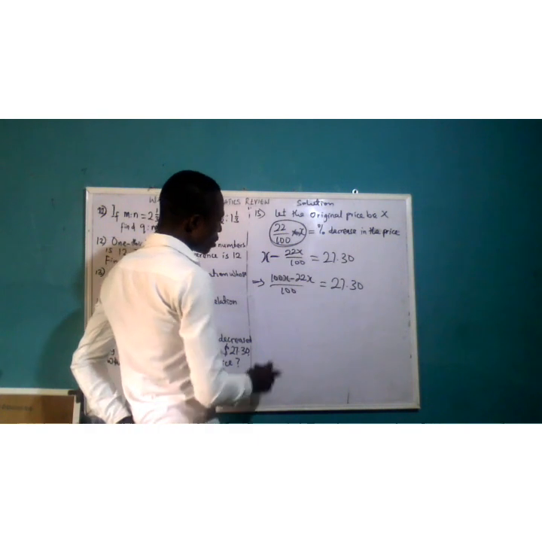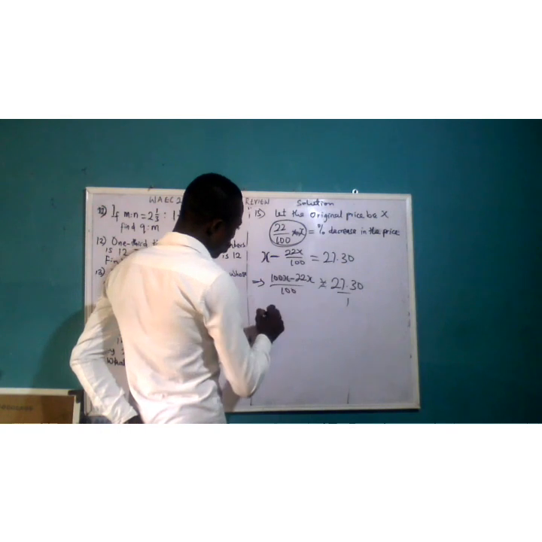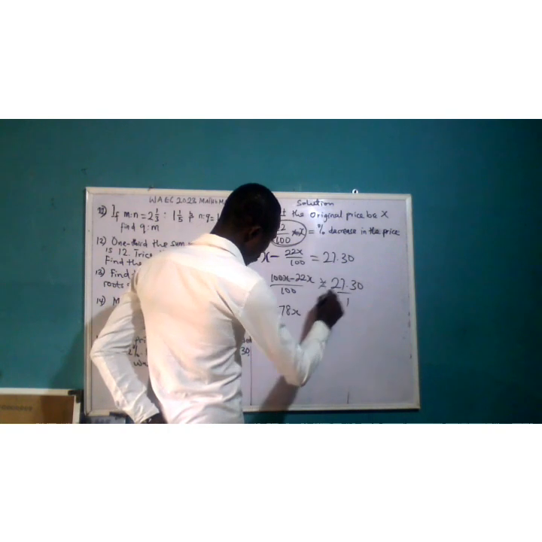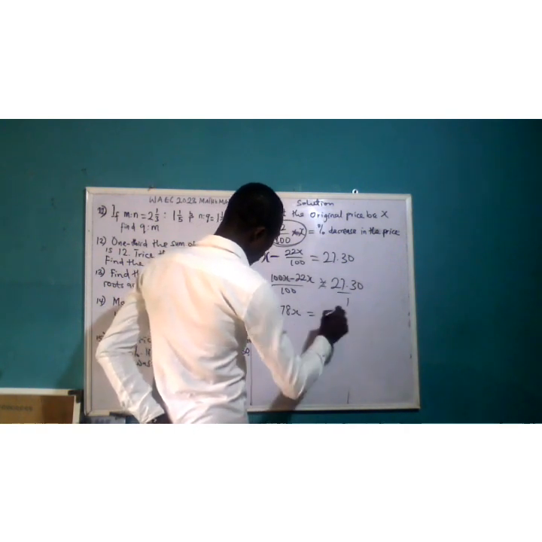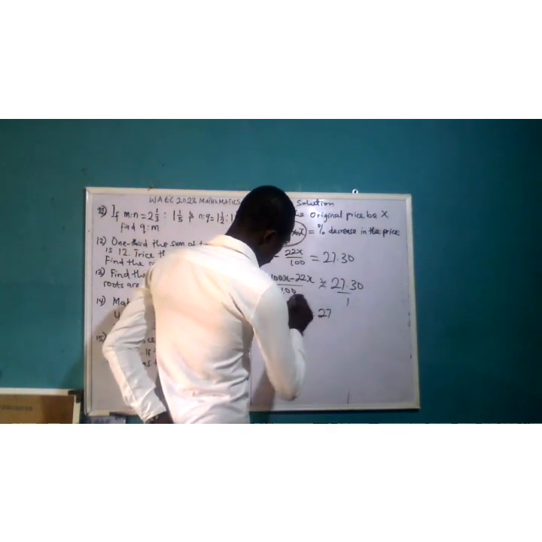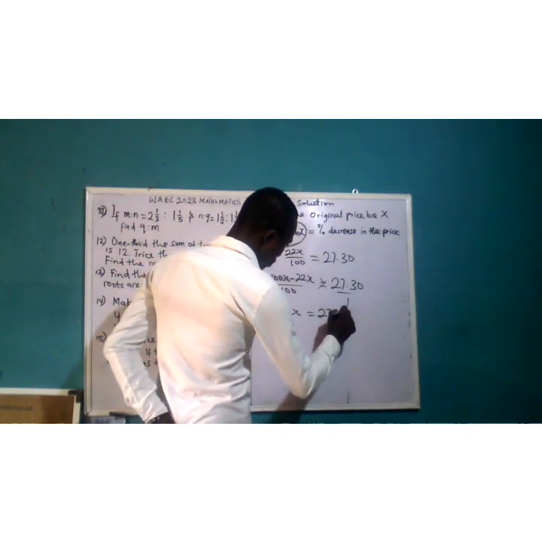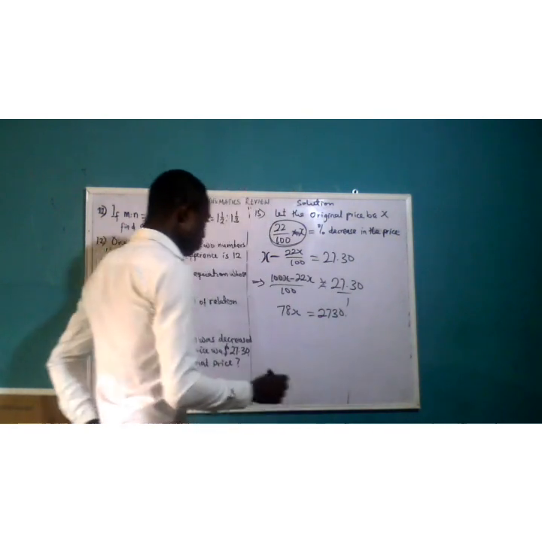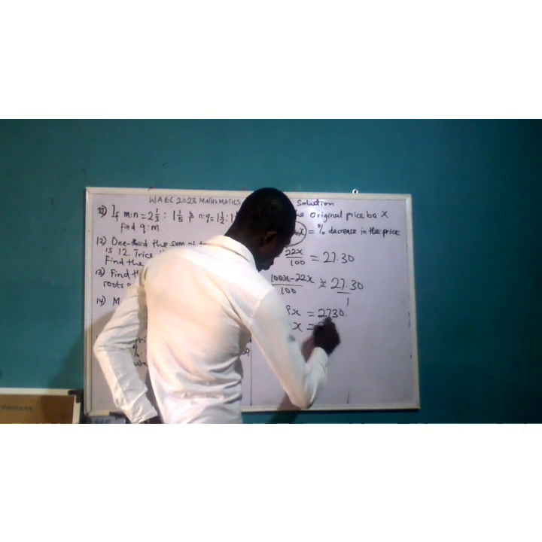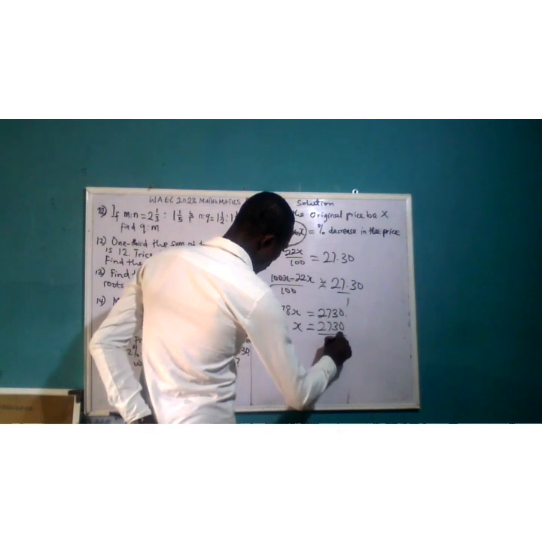If you cross multiply both sides, 100x minus 22x will give you 78x, equal to 27.30 multiplied by 100. The decimal point will be shifted 2 times, so you have 2730. And your x is equal to 2730 divided by 78.